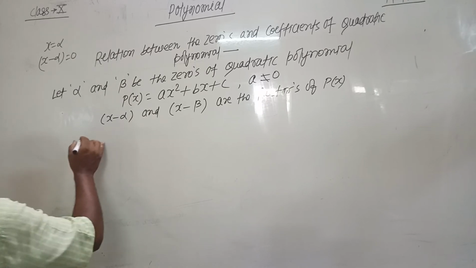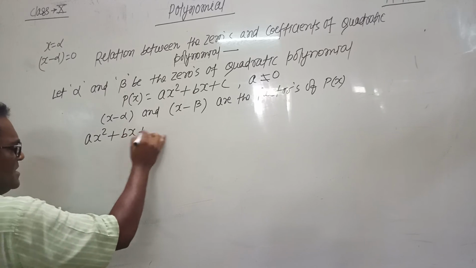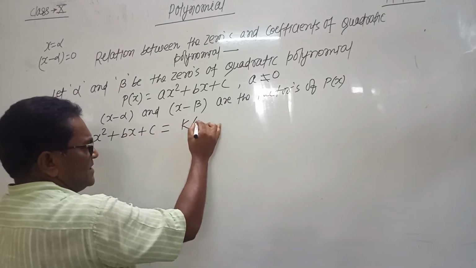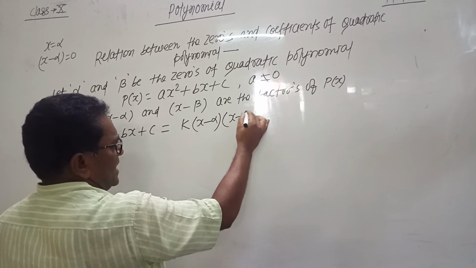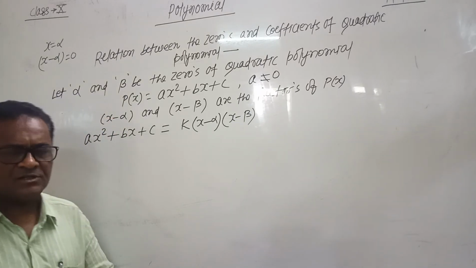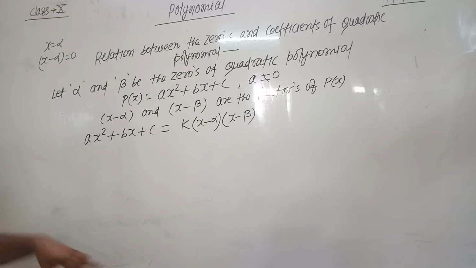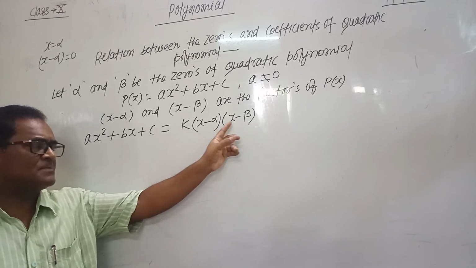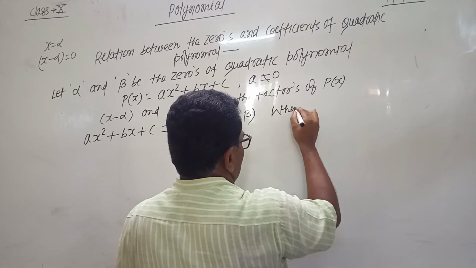So the polynomial ax² + bx + c can be written as k, where k is a constant, times (x minus alpha) into (x minus beta).